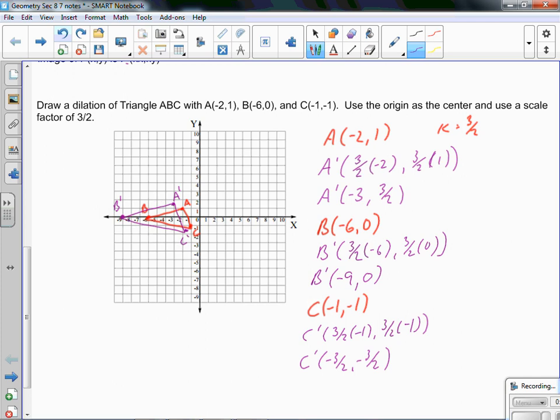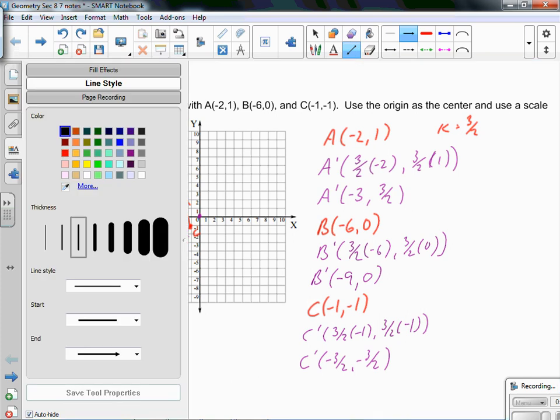So there's our dilation, which if we draw in the rays from our center point, which our center point was the origin, right? So we draw in a ray from each one of those.